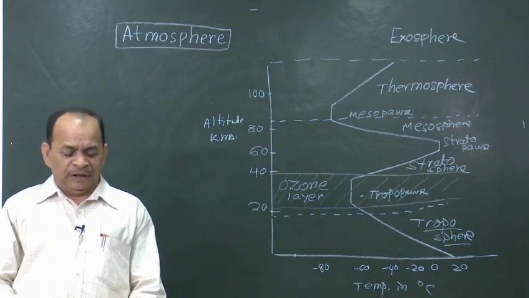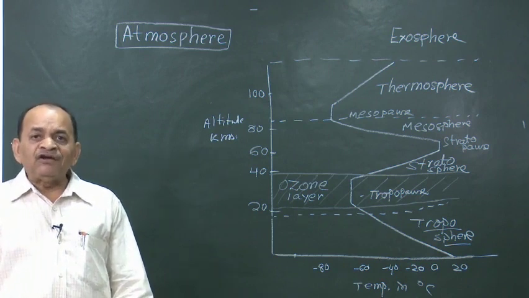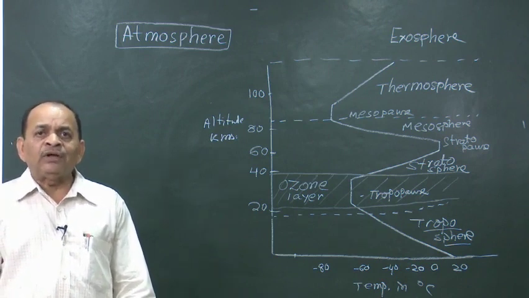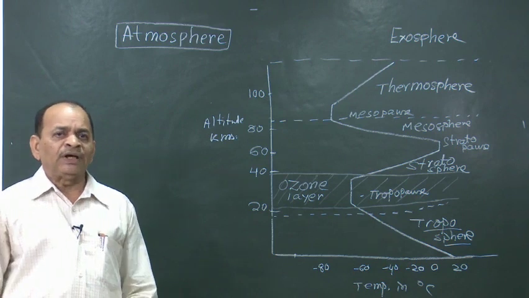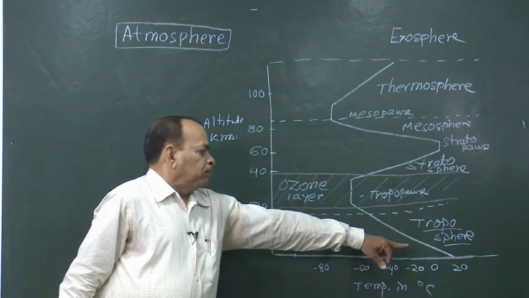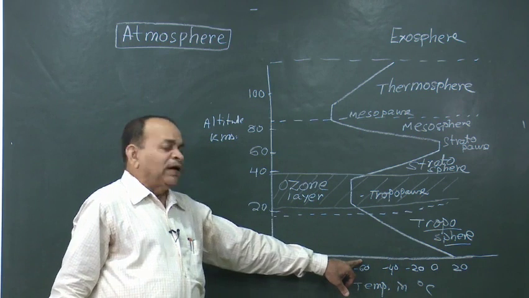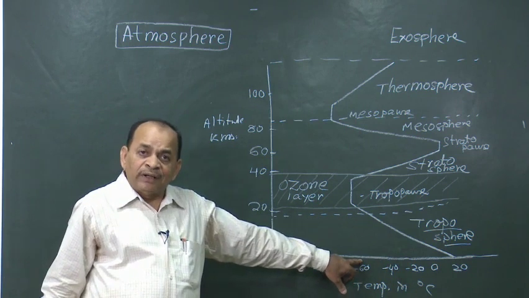Within the troposphere, the temperature decreases with altitude. You can mark here from 20 to say minus 60 degrees centigrade.